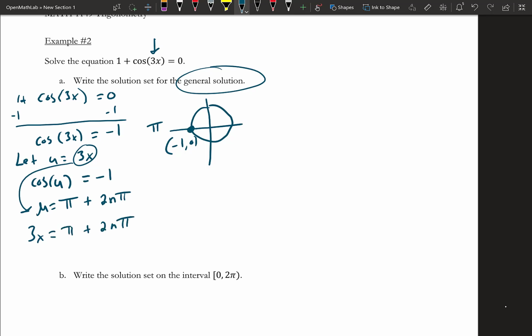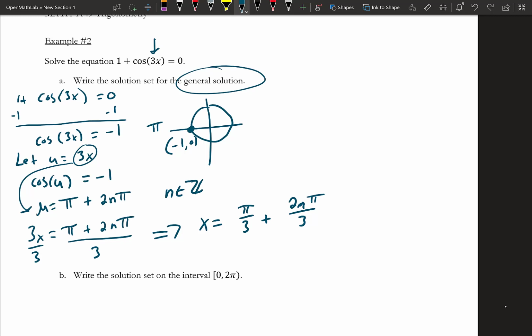And then I can solve for x. In order to solve for x, I'm going to have to divide both sides by 3. This gives me that x equals pi over 3 plus 2n pi over 3, where again n is just some integer.